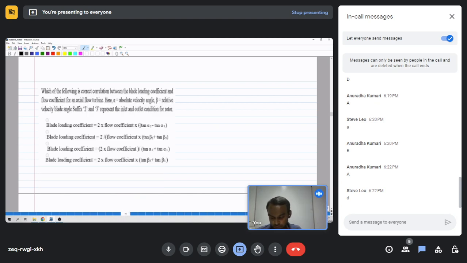So next question: which of the following is the correct correlation between the blade loading coefficient and flow coefficient for an axial flow turbine?